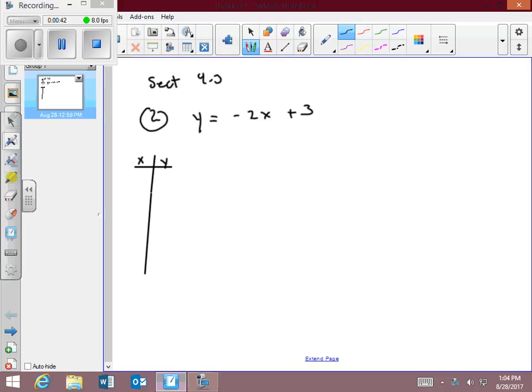So you can pick, usually a negative number, 0, and a positive number are good for these problems. And I'm going to pick a -1. Don't pick too large absolute value numbers.